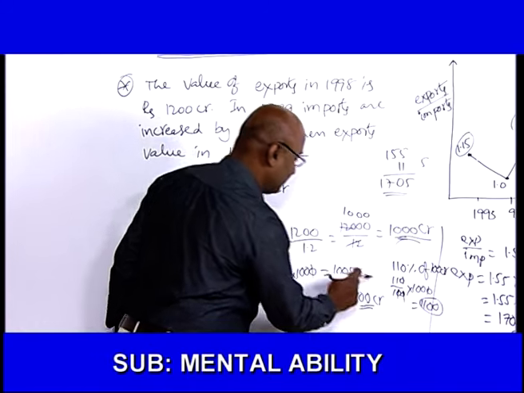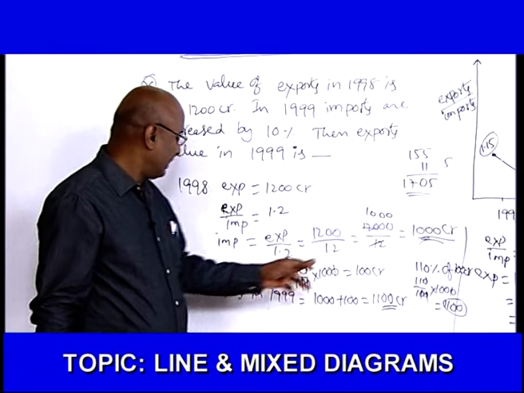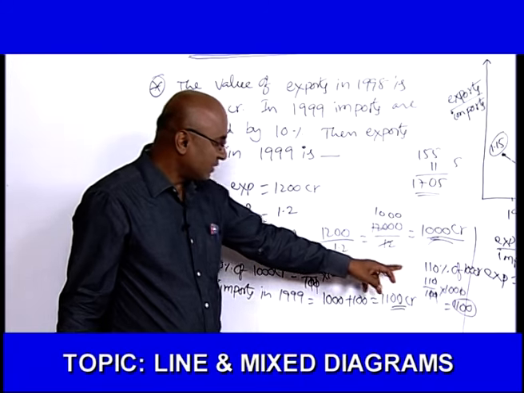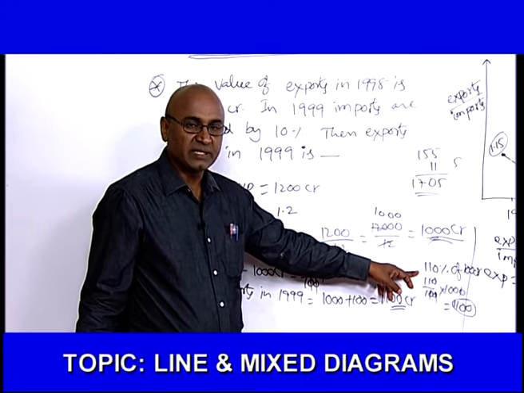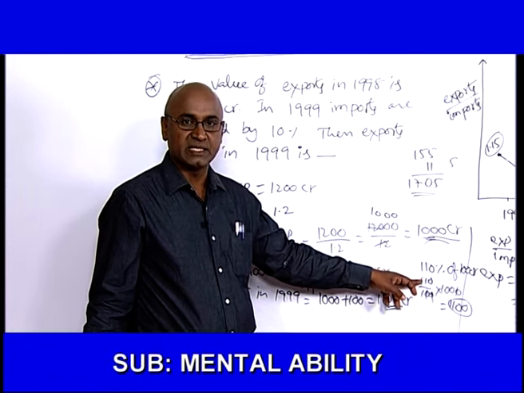So instead of doing all these things directly, we can get the value. Imports of 1999 in the year is 110% of the imports of the 1998. That is equal to 110% of 1000, that is equal to 1100 CR.